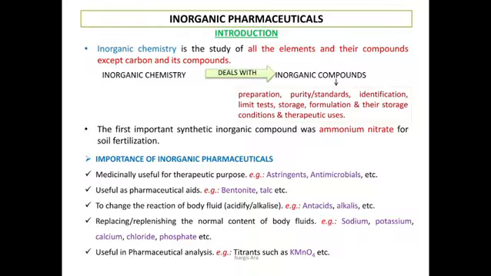It is medicinally useful for therapeutic purposes, for example astringents, antimicrobials, etc. It is used as pharmaceutical aids, for example bentonite, talc, etc. It is used to change the reaction of body fluids, for example antacids, alkalis, etc. It is used to replace the normal content of body fluids, for example sodium, potassium, calcium, chloride, phosphate, etc. Also, it is useful in pharmaceutical analysis, for example titrants such as potassium permanganate, which is KMnO4, etc.